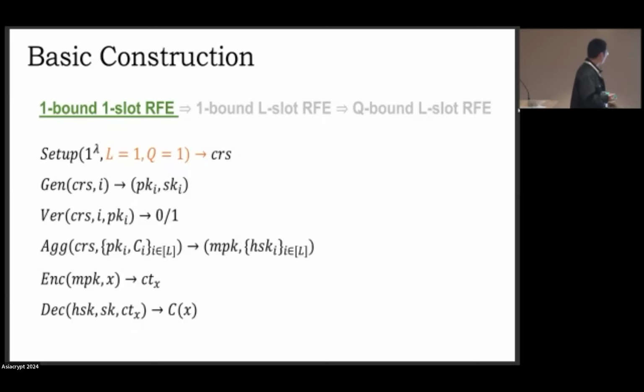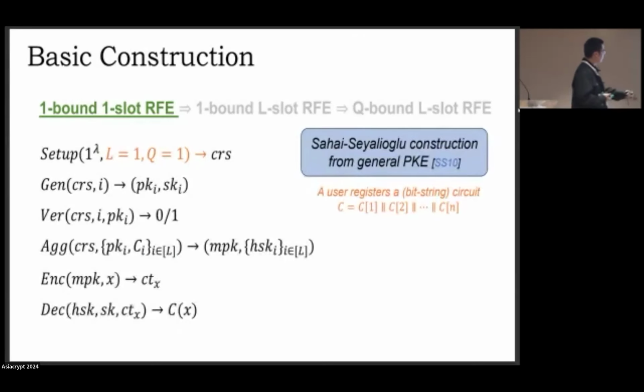So let's start with this basic construction. We want to build a one-bound, one-slot RFE. Here, only one user will register his circuit into the system. This circuit can be denoted as a bit string of length n. Our starting point is the Sahai and Seyalioglu construction.